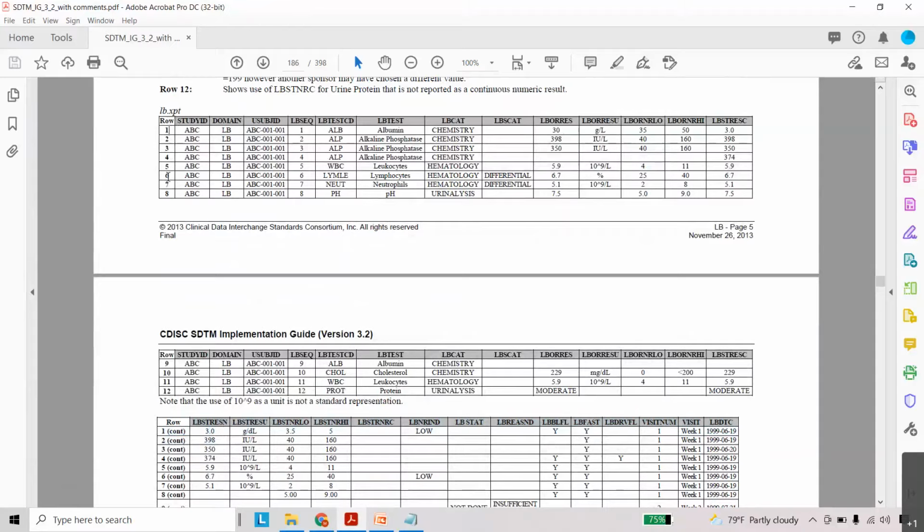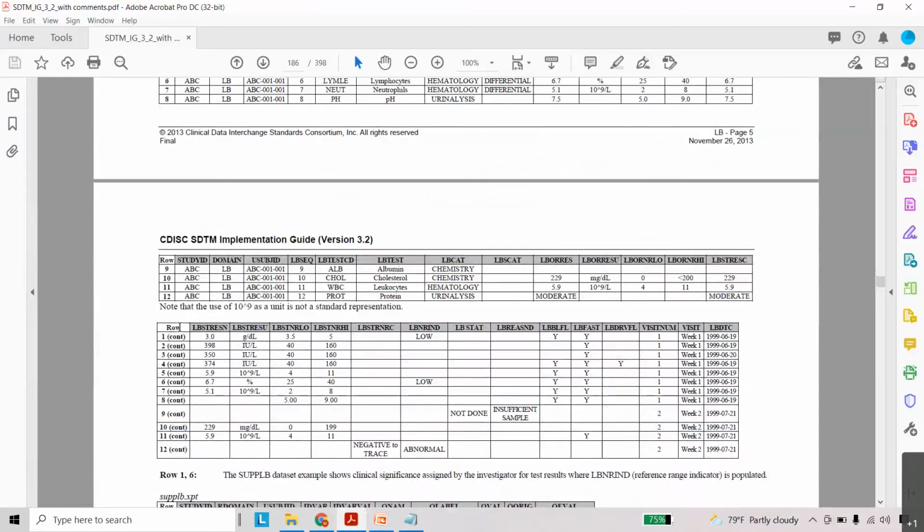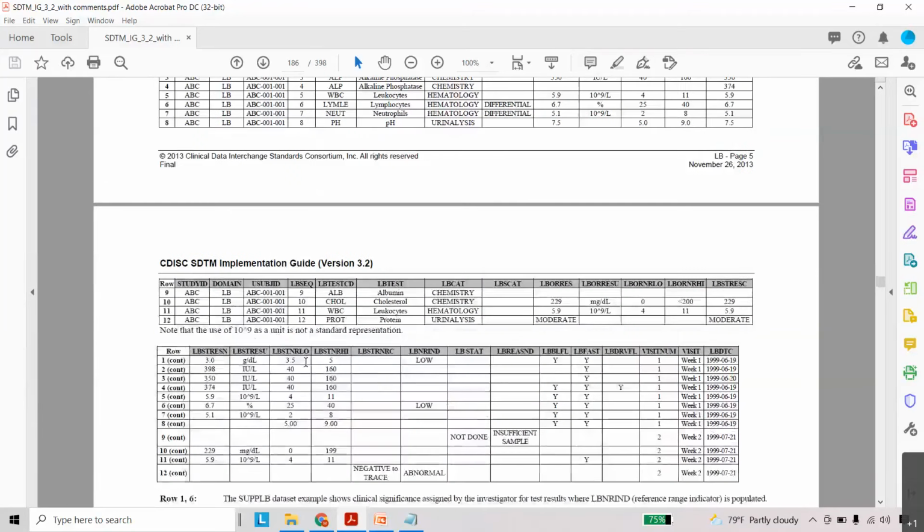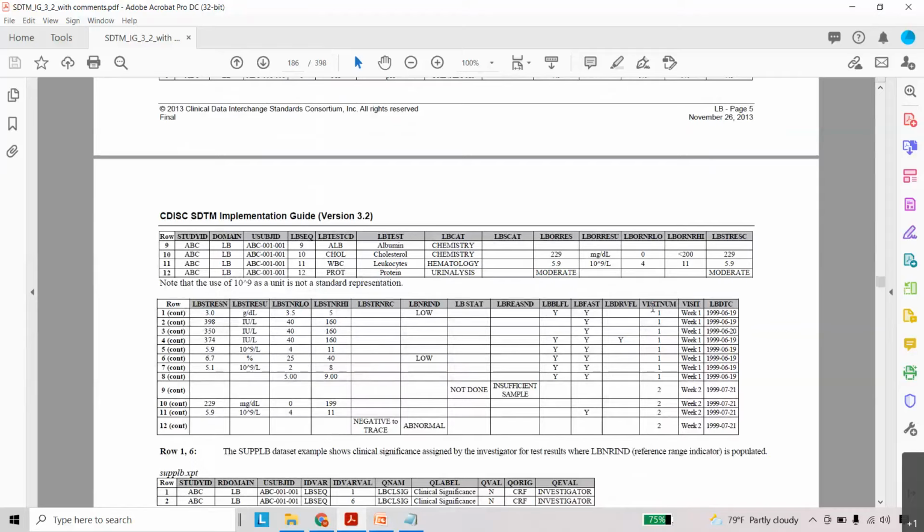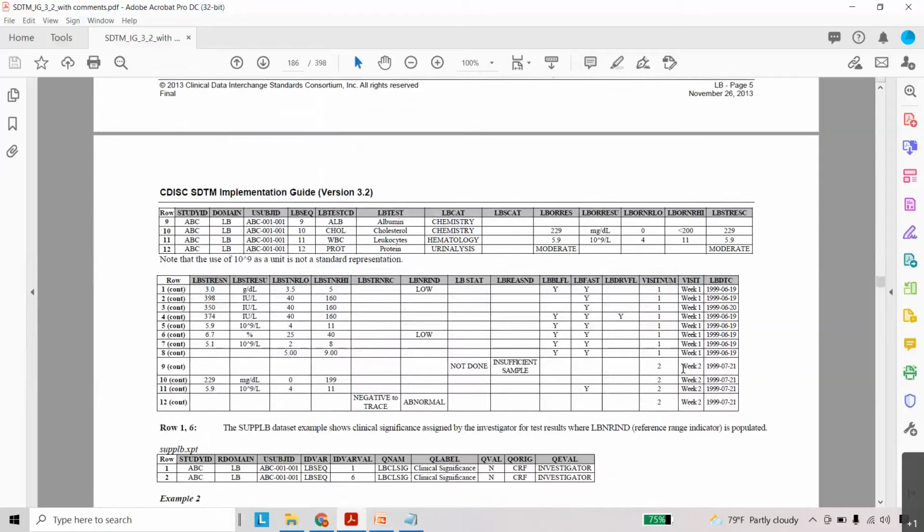Here the example rows 1 to 12 are one set of variables, and since there are many variables, it has been divided into two tables, with 12 records for a few subjects.